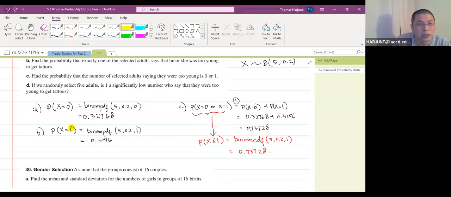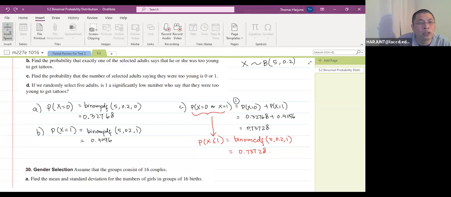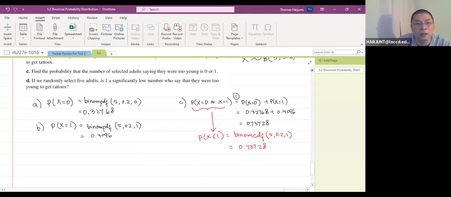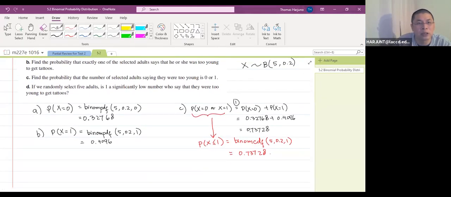Now, to be more precise, the better way to answer that question is by looking at the usual interval. You first need to find the mean, which is 5 times 0.2, that equals 1.